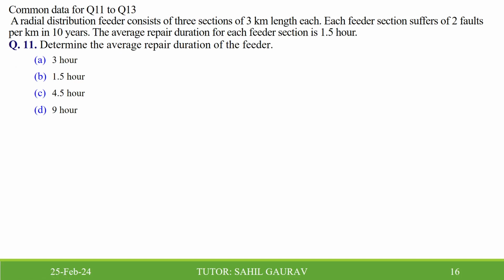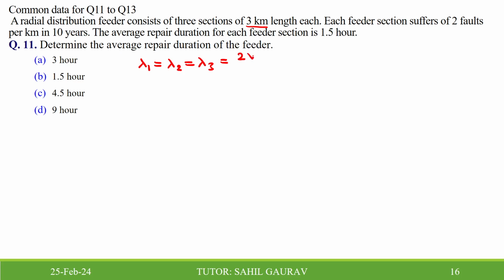So here, mean failure rate, we know that it is denoted by lambda. So lambda 1, lambda 2, and lambda 3 are all equal for each feeder section, and it is given as 2 faults per kilometer in 10 years, and each feeder section is of 3 kilometer.